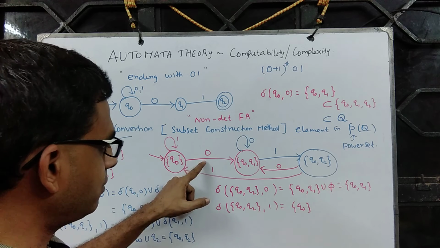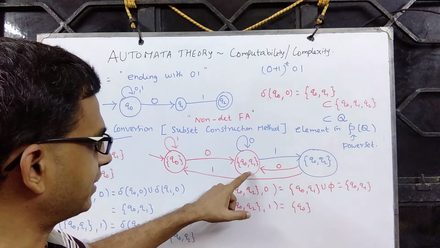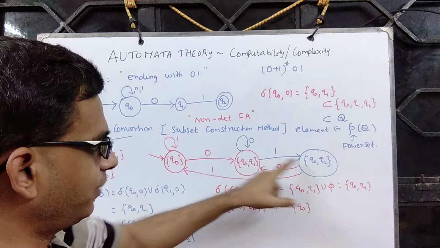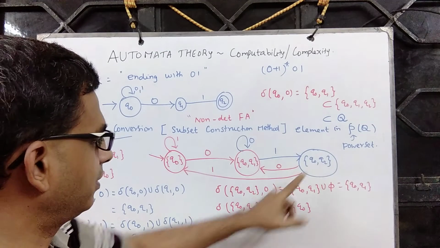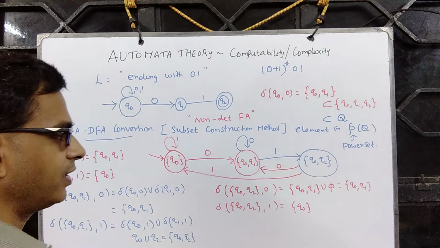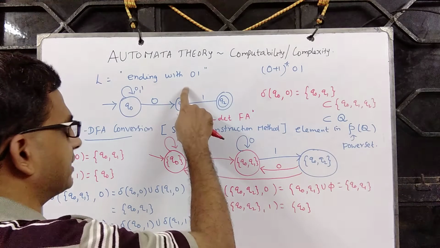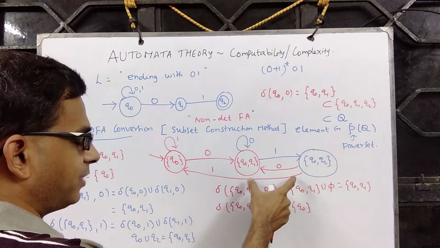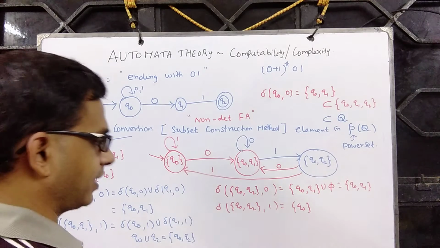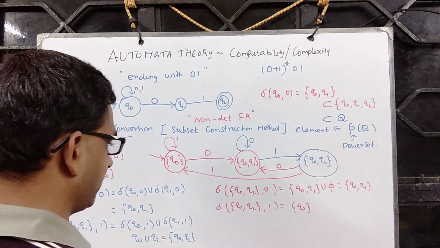On reading 0, we go to exactly one state. And this is precisely what we initially defined for this question, and that's precisely what we have also obtained now via this subset construction method.